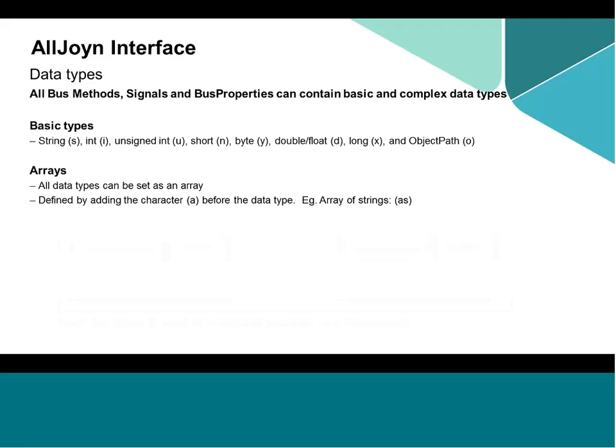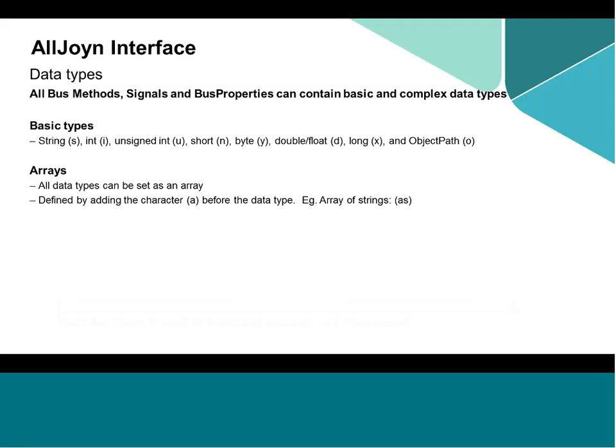And then we have container types, like arrays that can be defined, and so we can have an array of strings. And these letters that are next to these types that are here, you'll see that throughout the software and when you write your software, because these are the signature values that you set to the types so that AllJoyn knows how to do the data marshalling correctly.